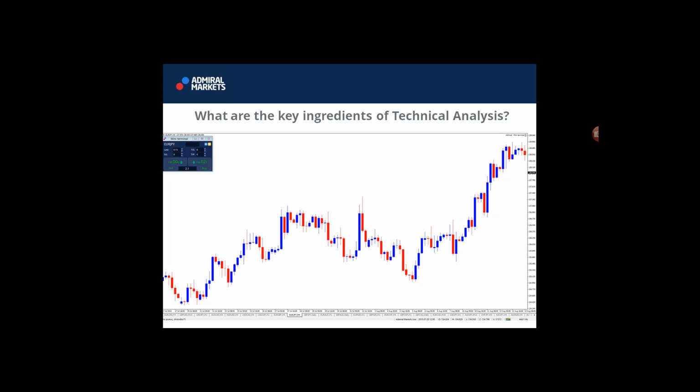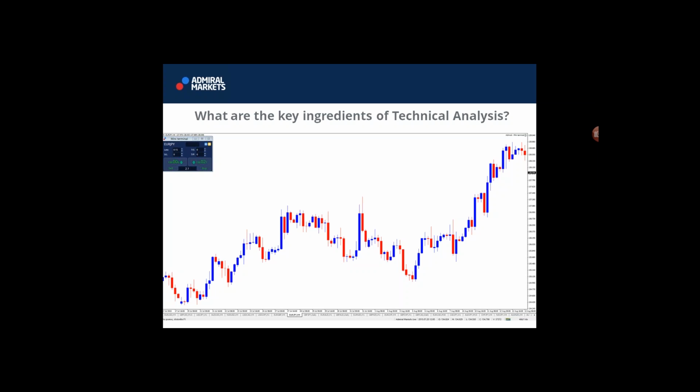So what are the key ingredients of technical analysis? At its very core, can we group things together? There are a lot of things we can do with price, a lot of things we can do on the charts.